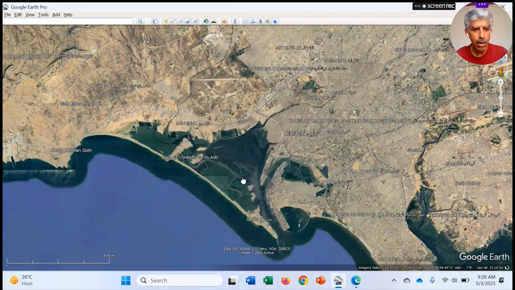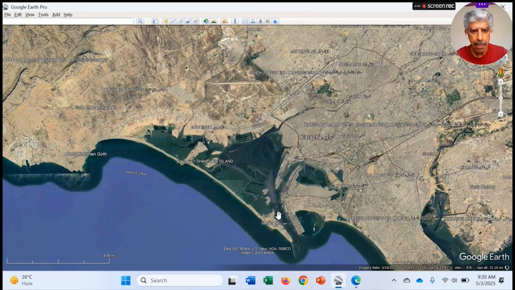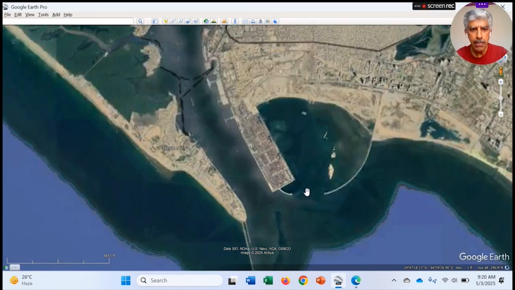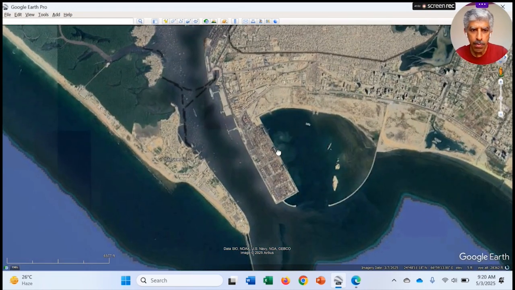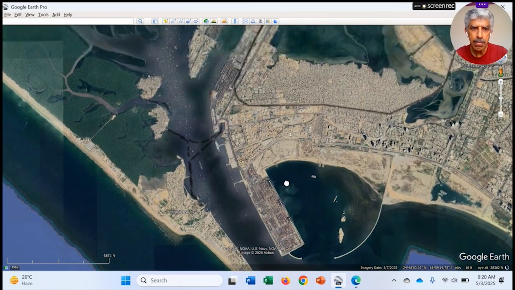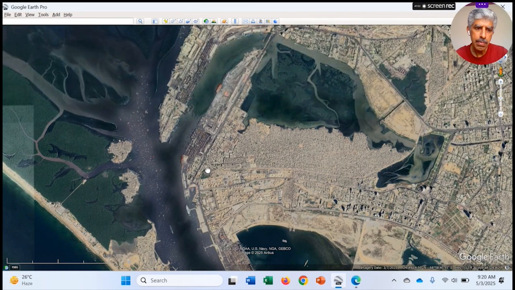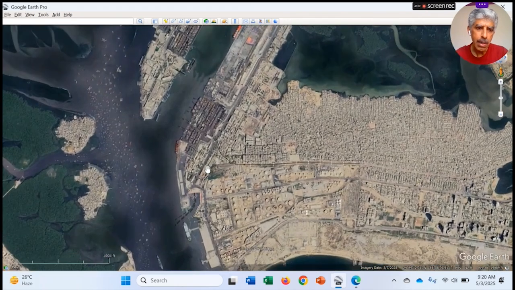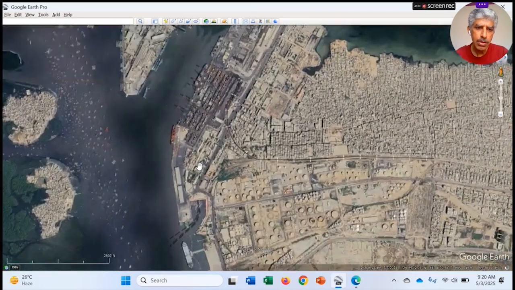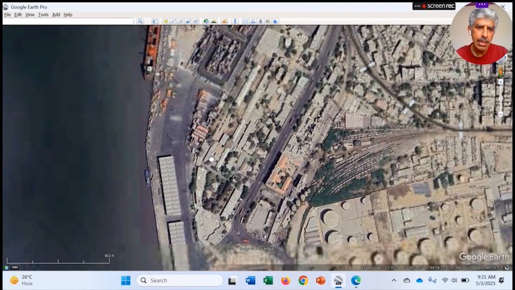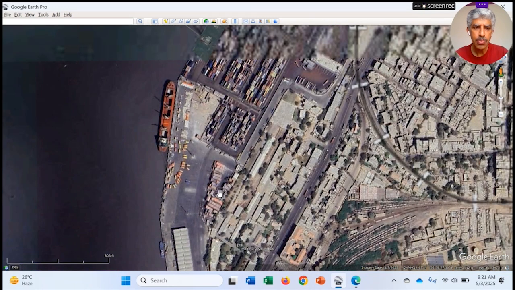Now, here we see the Karachi port, or what we call Kimari port.